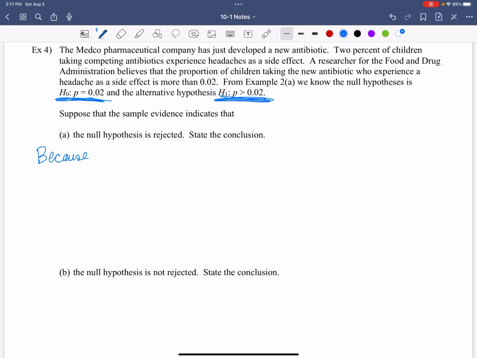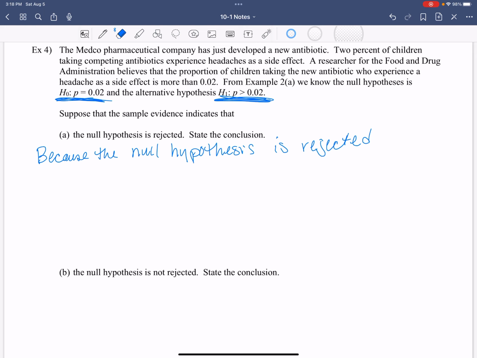The null hypothesis is rejected. This is how our sentence is stated, and this is how we're going to state these from here on out.